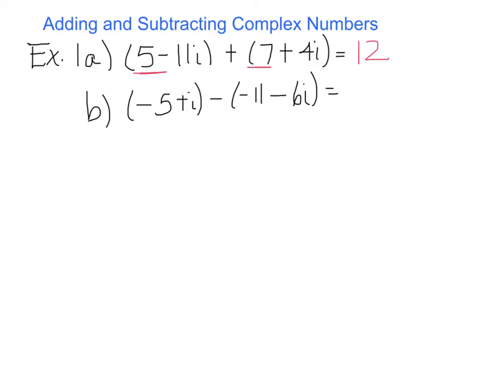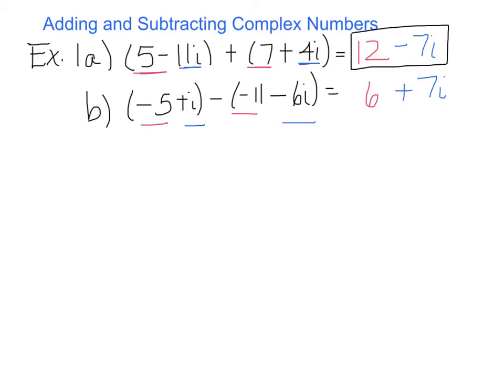And then we have -11i plus 4i is -7i. And that's your answer. You always want to make sure your real number is first. And then -5 minus -11. So that'll give us 6. And then positive i minus -6i is positive 7i. So adding and subtracting, you're just combining like terms.